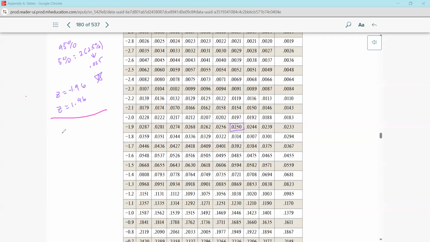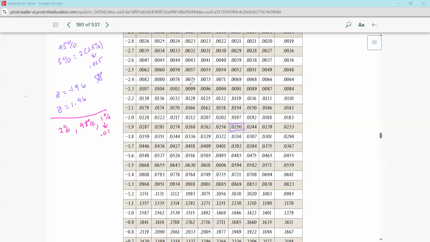All right, this next part, I'm asking for 2% of the data. So that would be 98% of my data. So if I halved that, that would be 1%, which will come out to 0.01. So now let's look for that. 0.01. It looks like it falls right here.